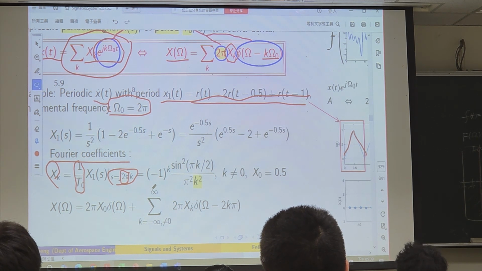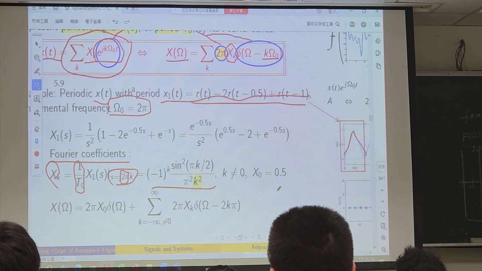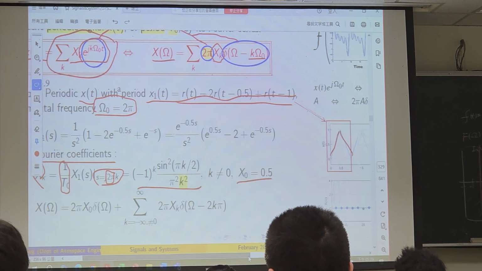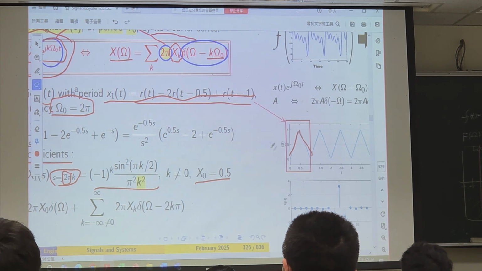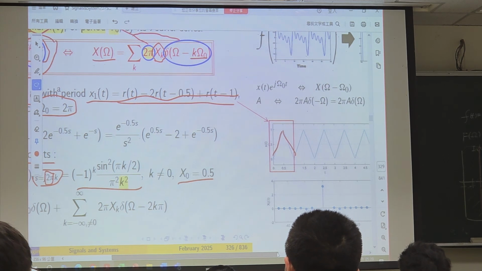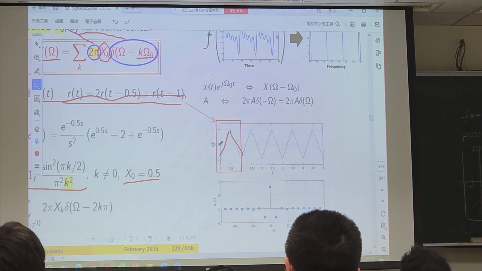And we have done this in the previous example, so maybe use the result of that. And also the x of 0, which is the mean value. Okay, like I asked you the question last time. X of 0 of the Fourier series expansion, the first term, actually that is the mean value of the function in the interval.